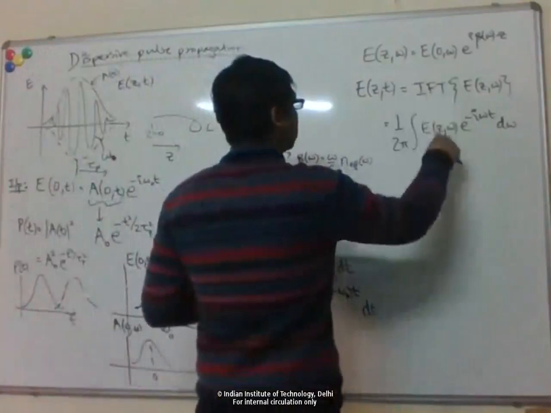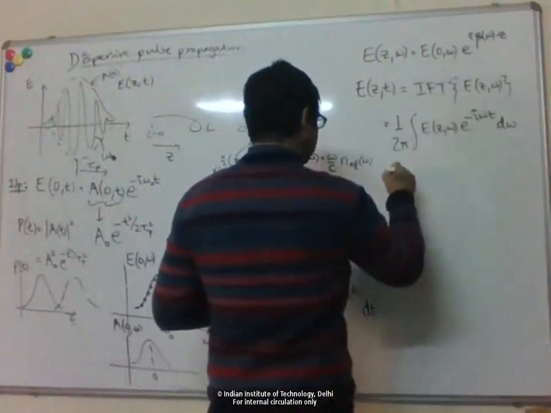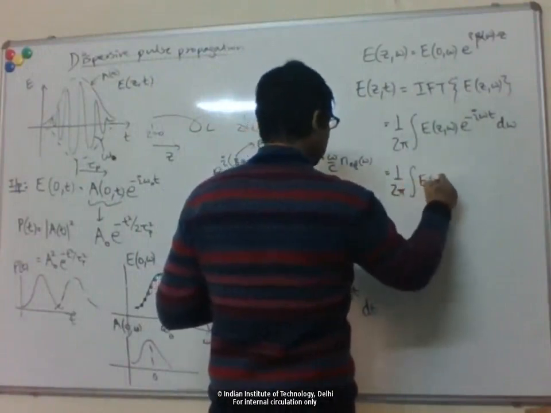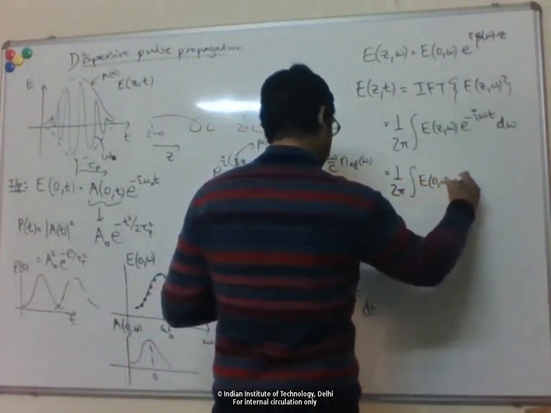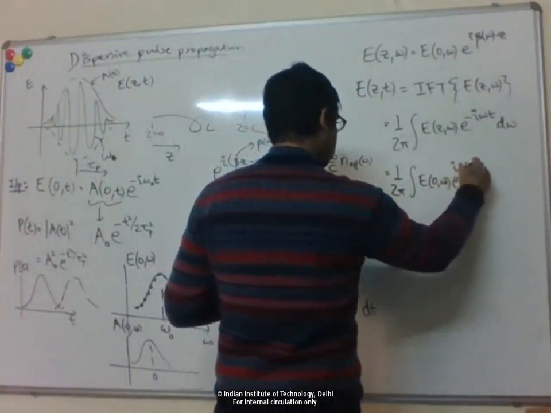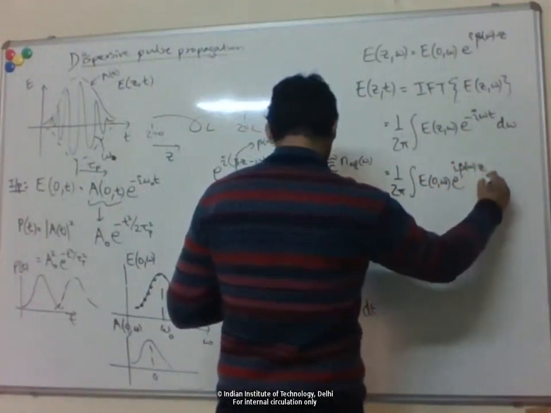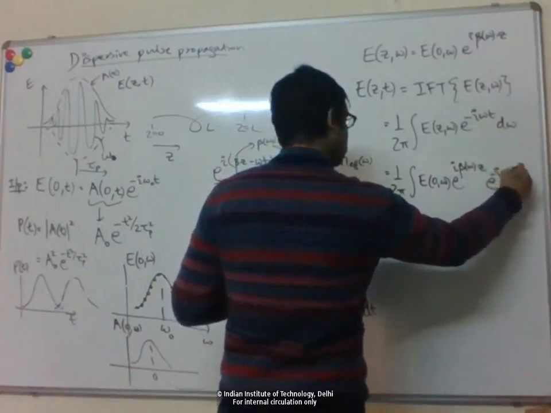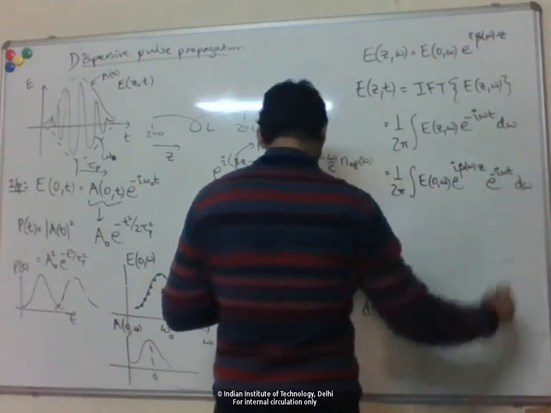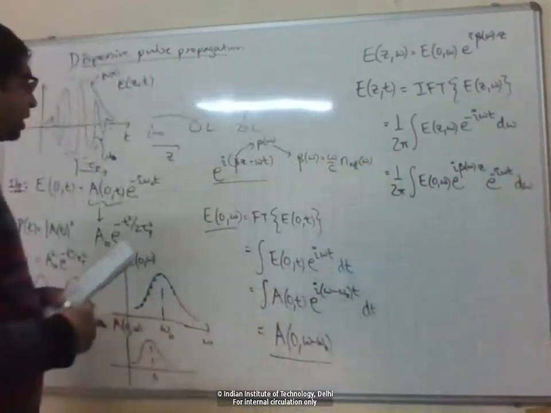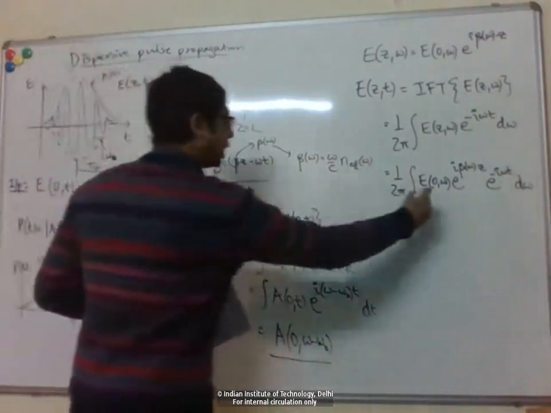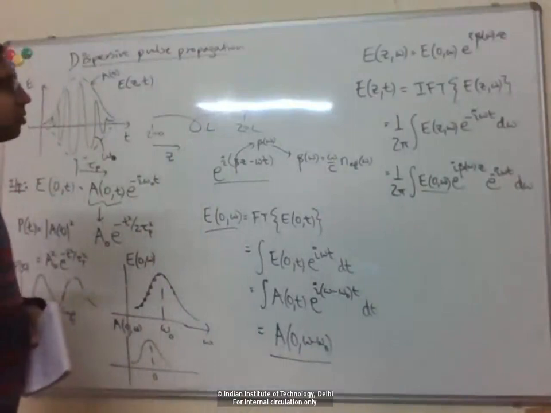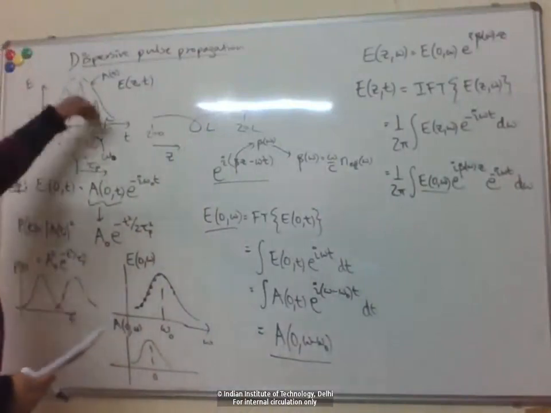And I just plug in for E z of omega this. Then I can further substitute for E0 of omega this in terms of A, because again, we finally want to see how the envelope is changing.